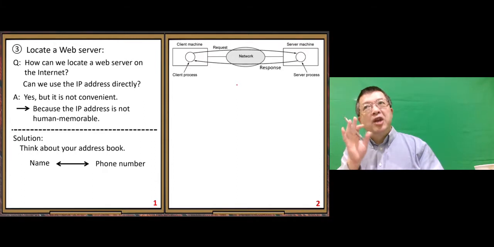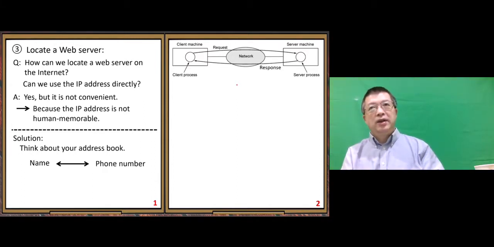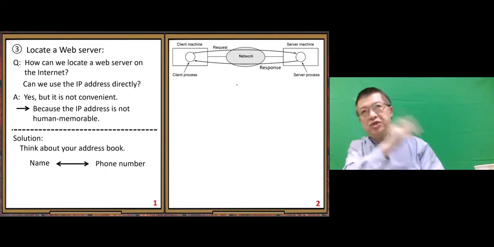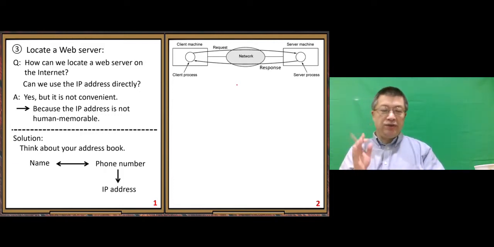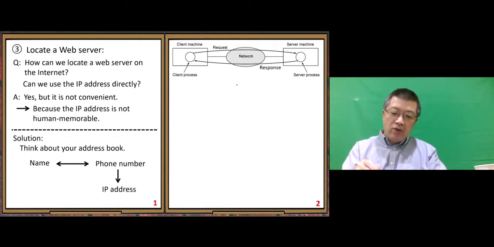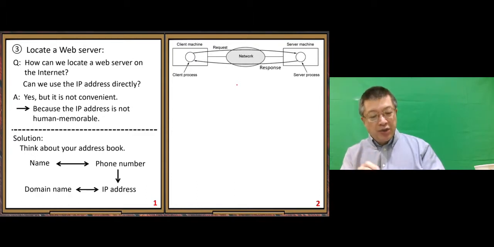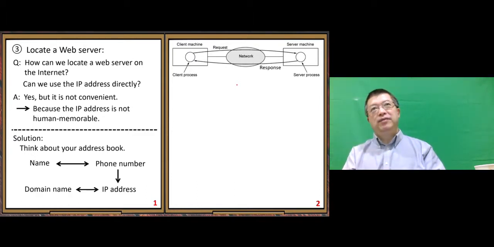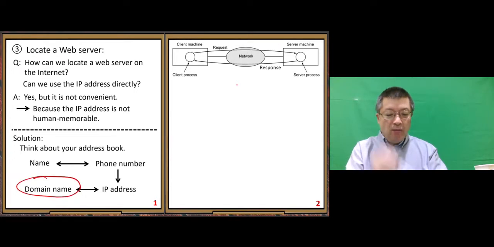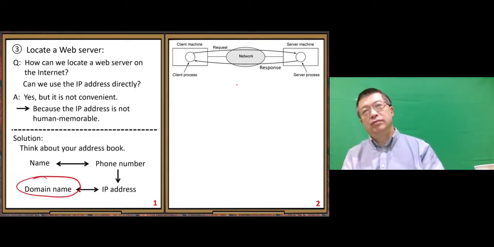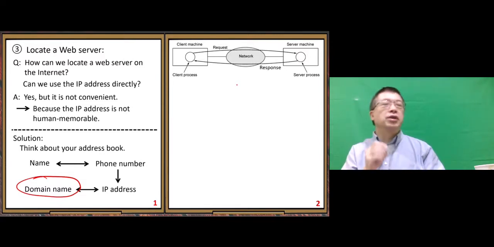We use the same idea to solve the non-human-memorable IP address problem. Here, the phone number corresponds to an IP address, and the name corresponds to a domain name. A domain name is usually more human memorable, like www.yahoo.com, Google.com, UMSL.edu.